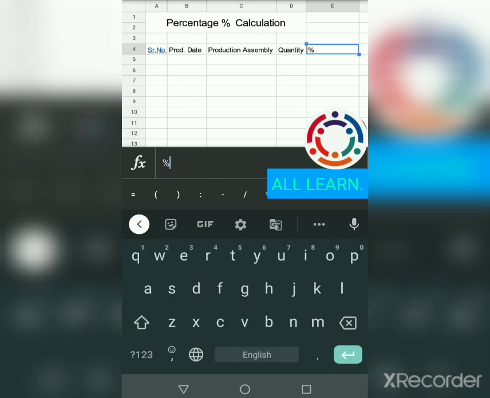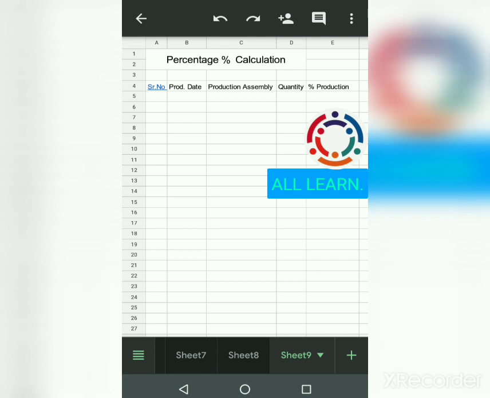Percentage. Production percentage. Percent production.